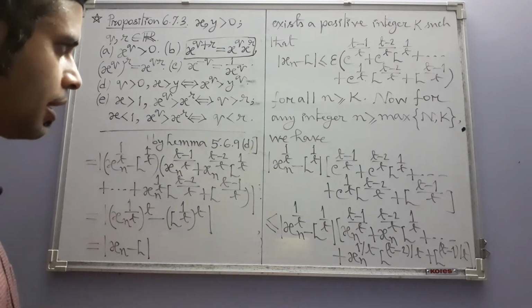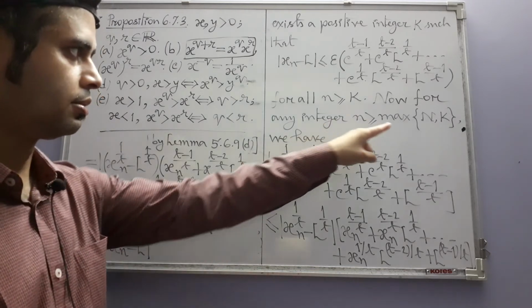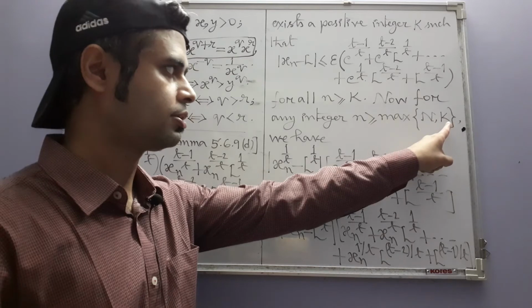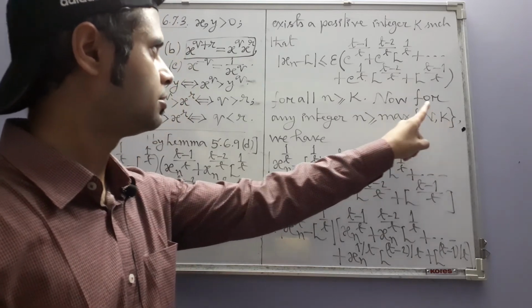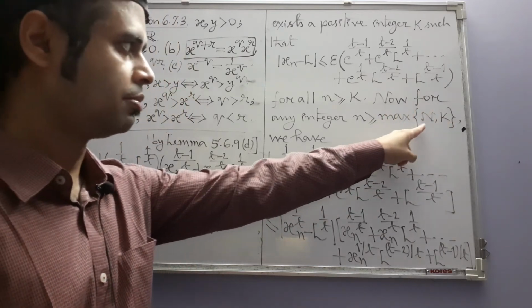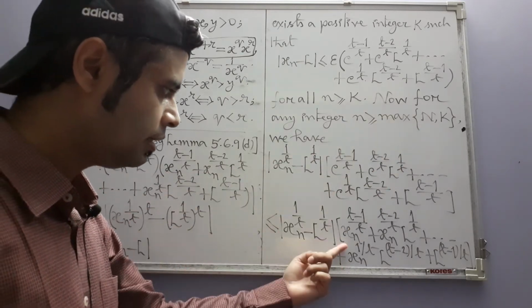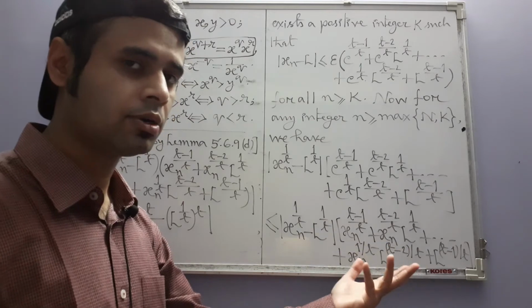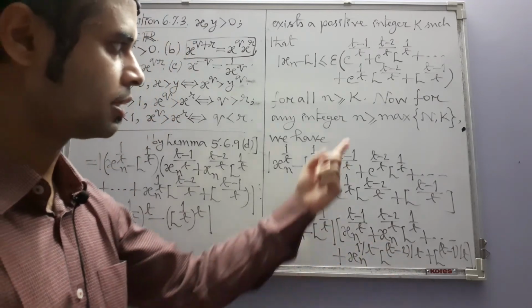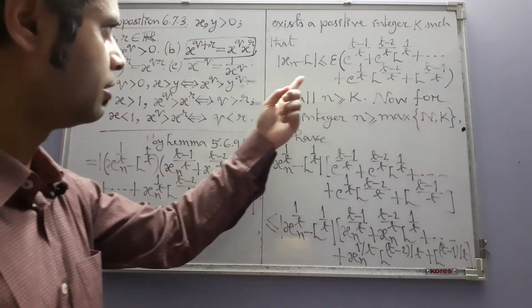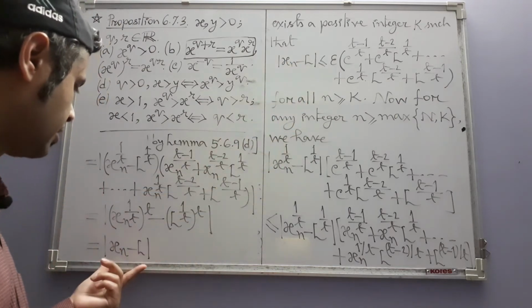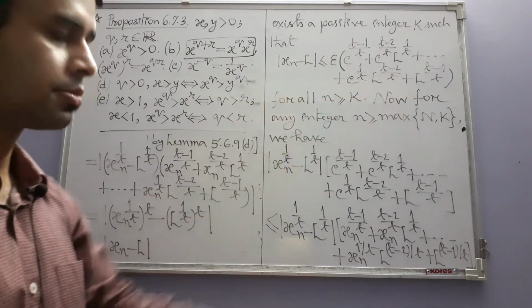But because our n has been chosen to be greater than or equal to not just k, but also greater than or equal to n, because of which we were able to replace c with xn, but it is also greater than or equal to k. So this is less than or equal to this.